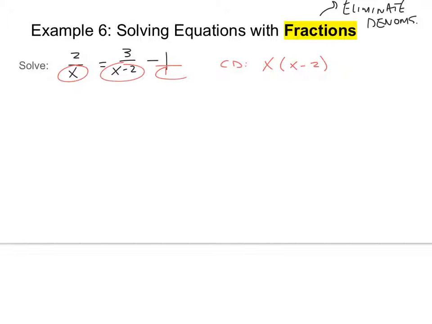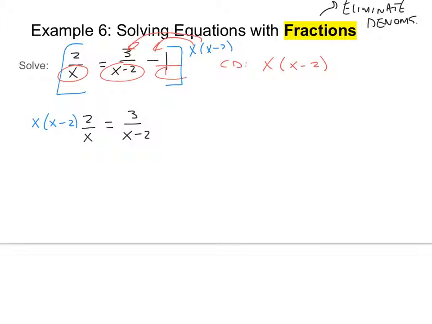Well, if I take this whole expression, and I'm going to multiply both sides by that common denominator, what's going to happen is this. I've got x times (x - 2), and that's going to be times what I had, 2 over x, equals, and I've got 3 over (x - 2). And recognize, of course, that this is going to get distributed to both pieces.